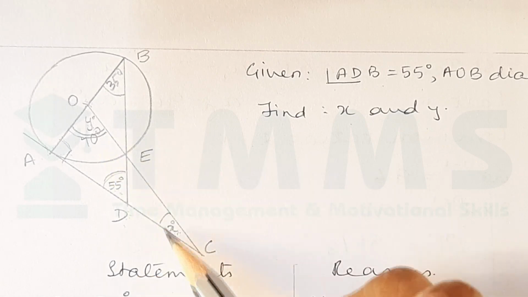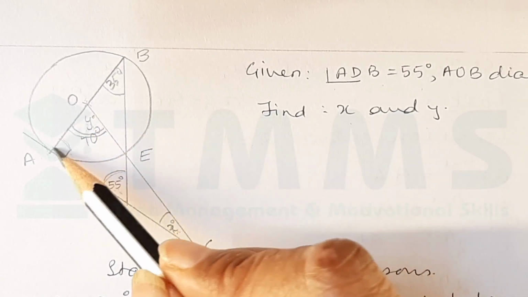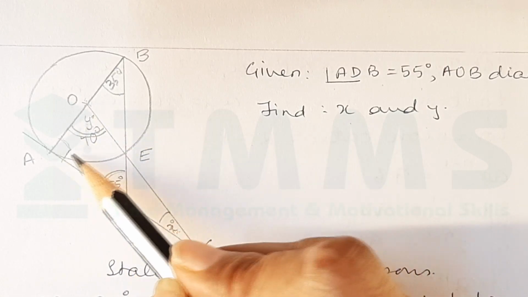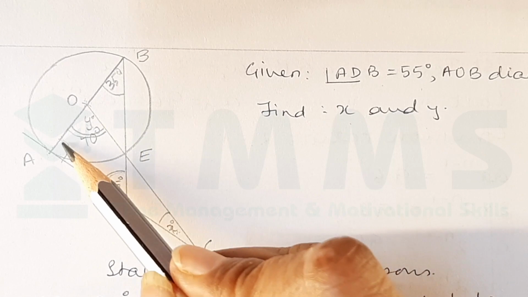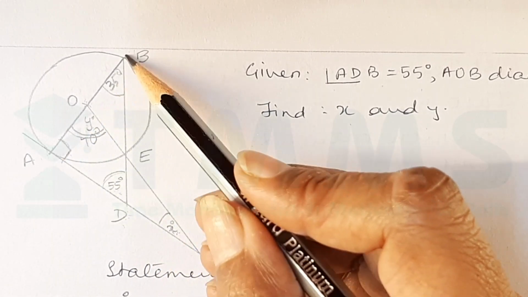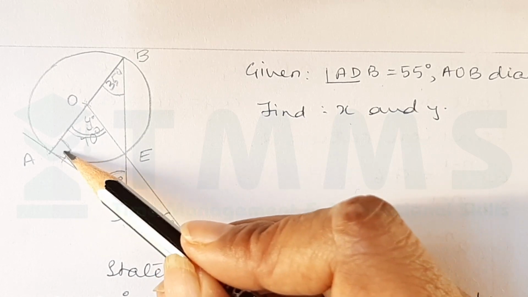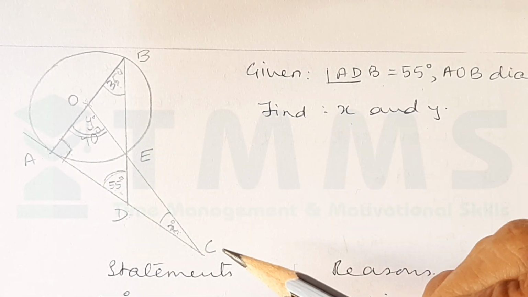Now because these are angles, we have to look for angles. Can you see AOB is a diameter? So OA becomes radius at the point of contact to this tangent. So this becomes 90 degrees. And so in this triangle, we know this is 90, this is 55. We can find the third angle.